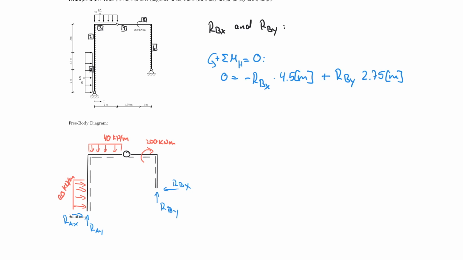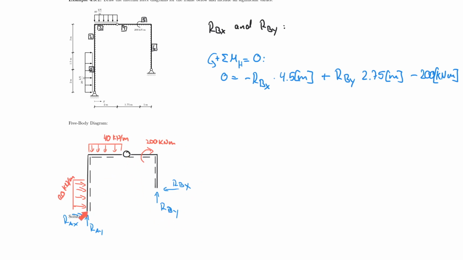And now I need to include my 200 kilonewton meters here. That turns clockwise, therefore it's negative 200 kilonewton meter. And I have the first equation for my first cut, which is effectively right through the hinge and everything here included.